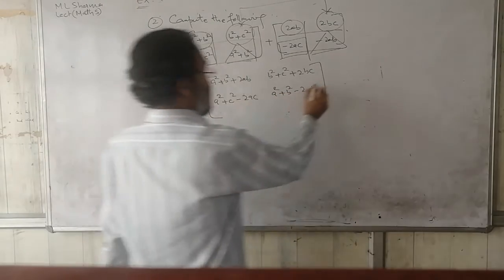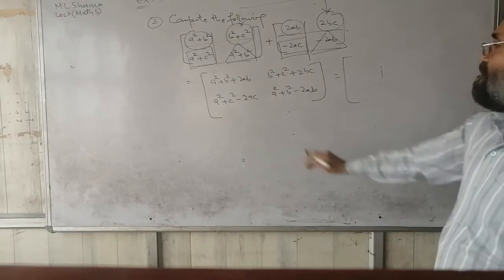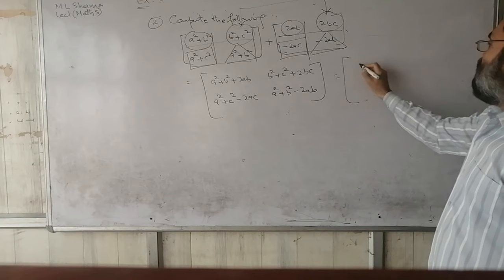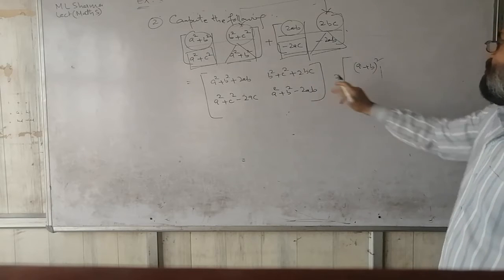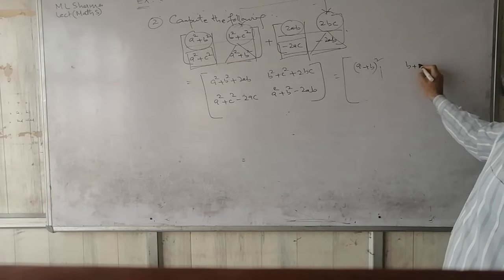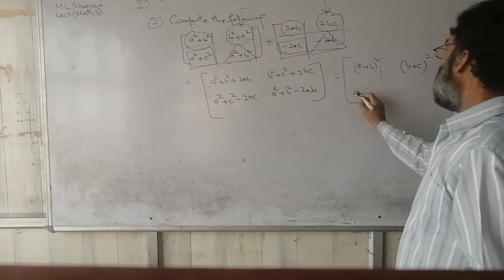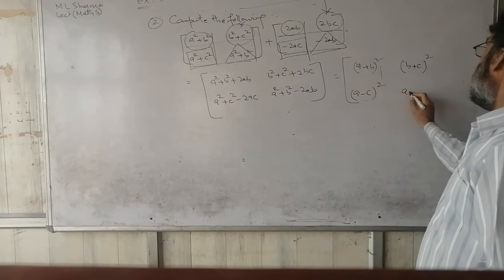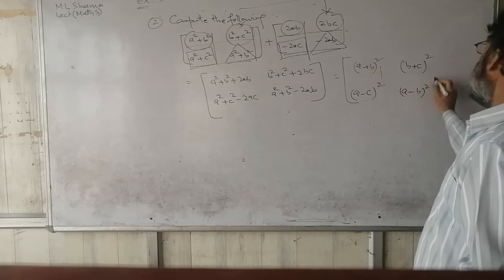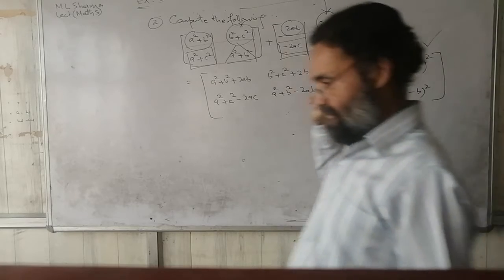So if I simplify this further, I can write it is (a plus b) whole square. This is (b plus c) whole square. This is (a minus c) whole square and (a minus b) whole square. So this is how we add the two matrices.